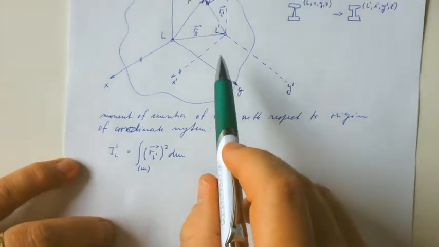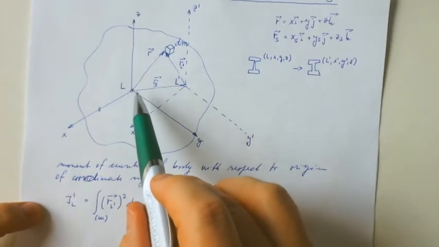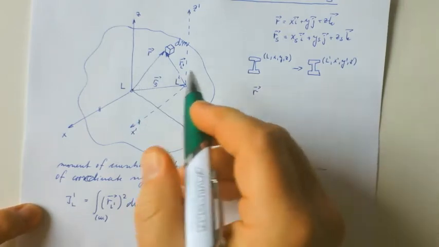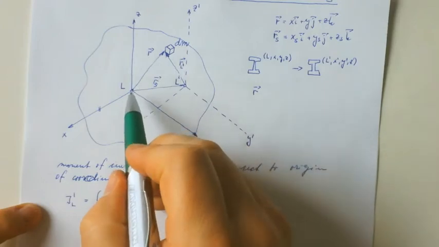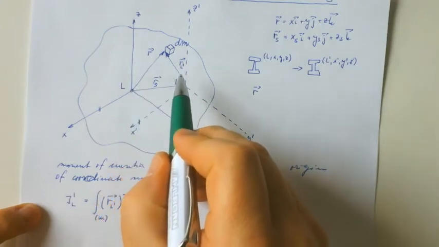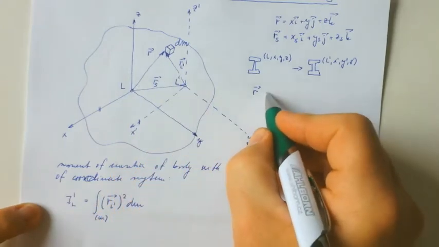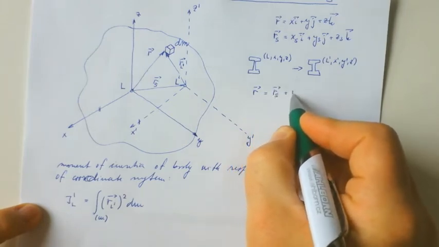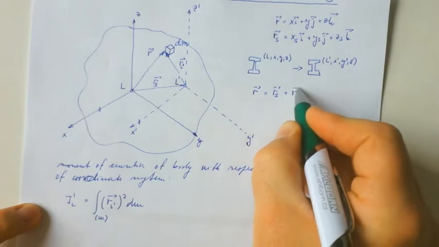And from a simple geometric situation we can say that vector r is given by adding this vector and this vector. So it is rs plus rl with prime.